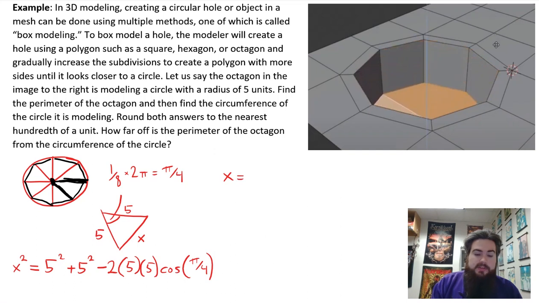X then would be the square root of all of that. 5 squared and 5 squared is 25. Add those together, you get 50. And then this term, this is 5 times 5, which is 25, times 2 is also 50. And cosine of pi over 4 is square root of 2 over 2, but for the sake of it, I'll keep it as cosine of pi over 4 this time.